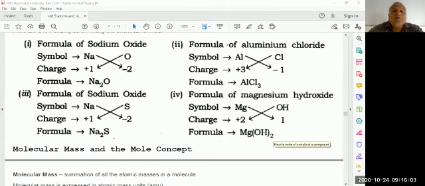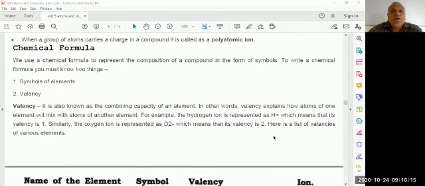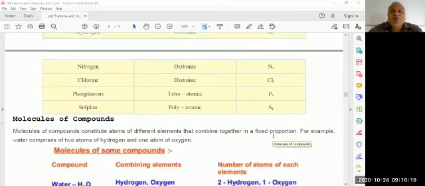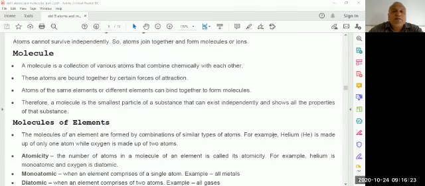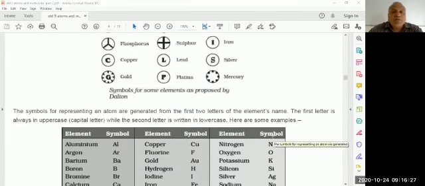Now we will learn about molecular mass or formula mass. How will we calculate the mass of a formula? For that we have to understand how we calculate the formula mass by using atomic mass that I had explained in the video. Now we will learn about molecular mass.